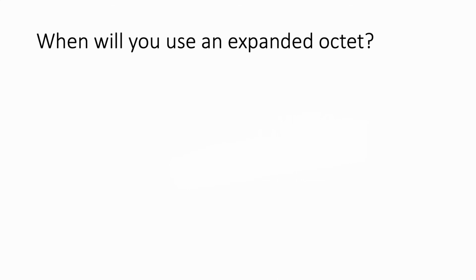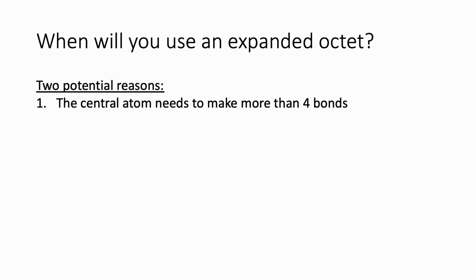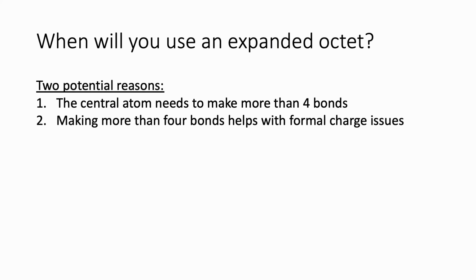The next question is, why would it happen? Under what conditions? When do you use an expanded octet? Really, on 2 occasions. First, what if you are bonding 5 or 6 things to the central atom? Then there's no way you can have an octet. Second, it is possible that you may only be bonding 2, 3, or even 4 things to the central atom.